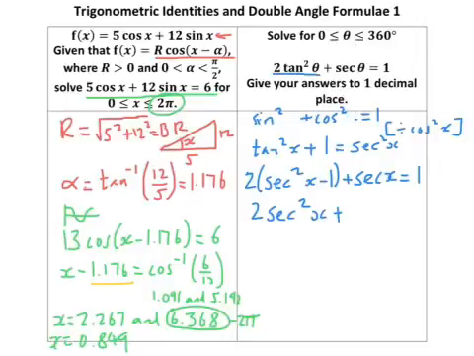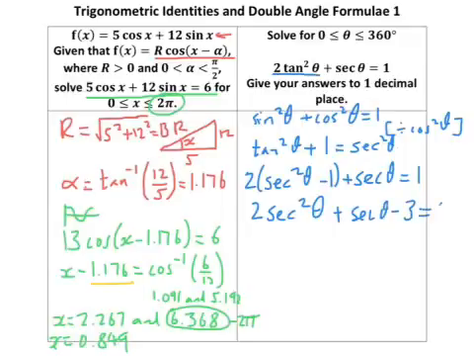I must change all that, that's the OCD in me. So we should have 2 sec squared theta plus sec theta minus 3 equals 0.